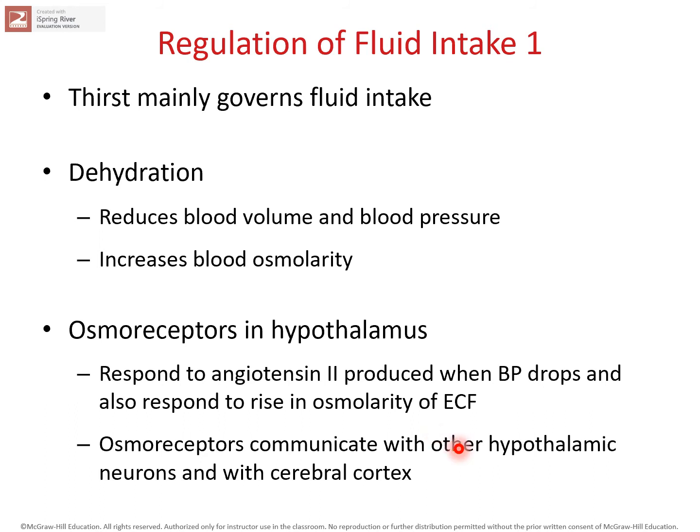And the osmoreceptors also communicate with other hypothalamic neurons in the cerebral cortex. But keep in mind, these two, the ADH mechanism and the renin angiotensin aldosterone mechanism, are the two main mechanisms by which we can regulate our water levels.